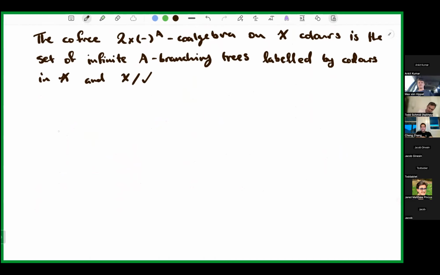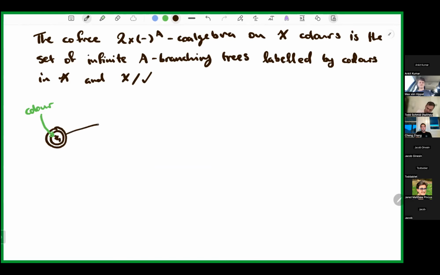Okay, and if you look at one of these, it looks something like this. This first node might be X1, and this X1 here is the color of this node.